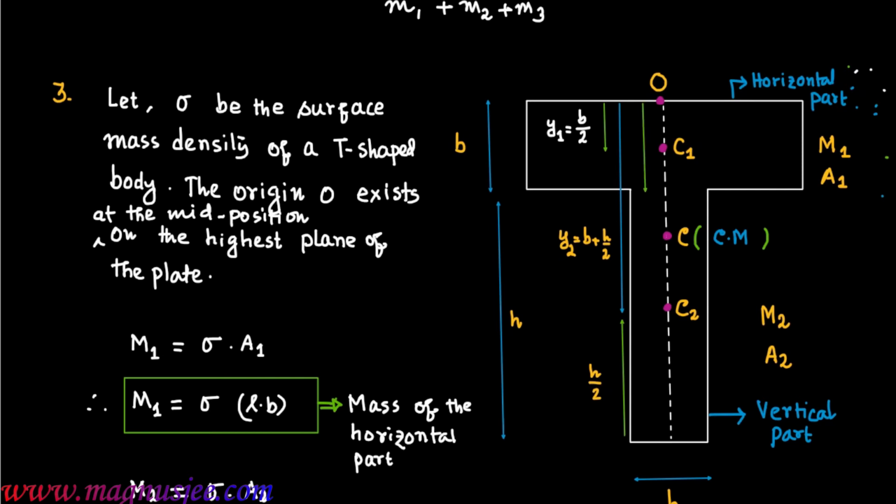In this case, the distance of the center of mass from the origin, that is the distance of the point C from the point O, is YCM.